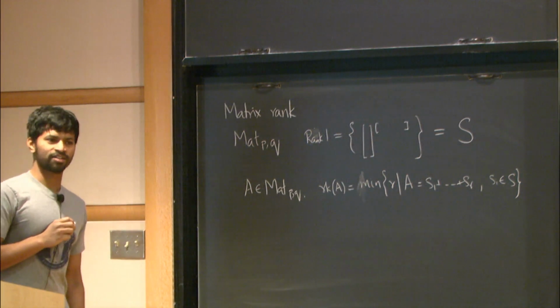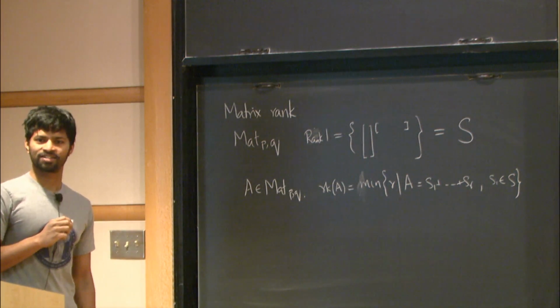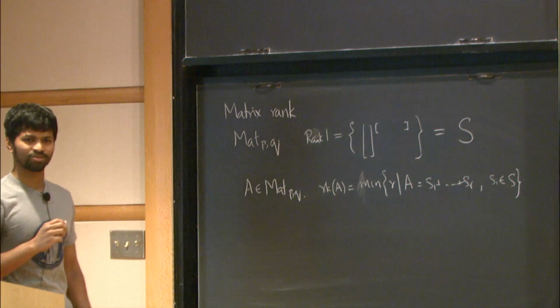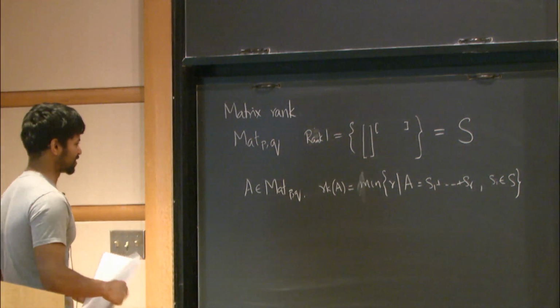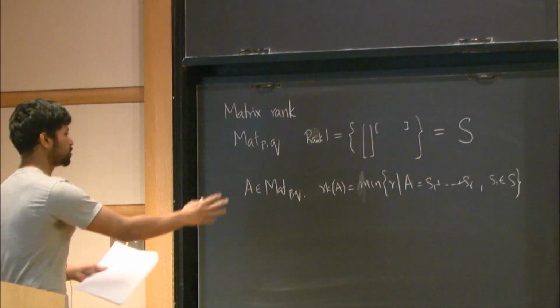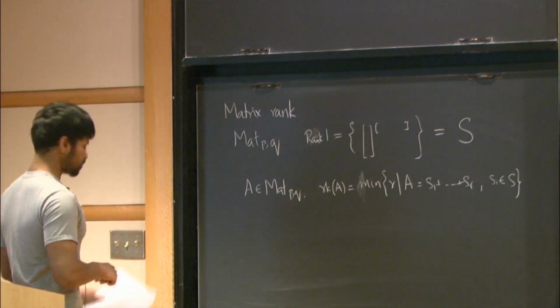Is this a familiar notion of matrix rank? It agrees with whatever your favorite definition of matrix rank is, and I think there are so many definitions of it. But let's hold on to this one.